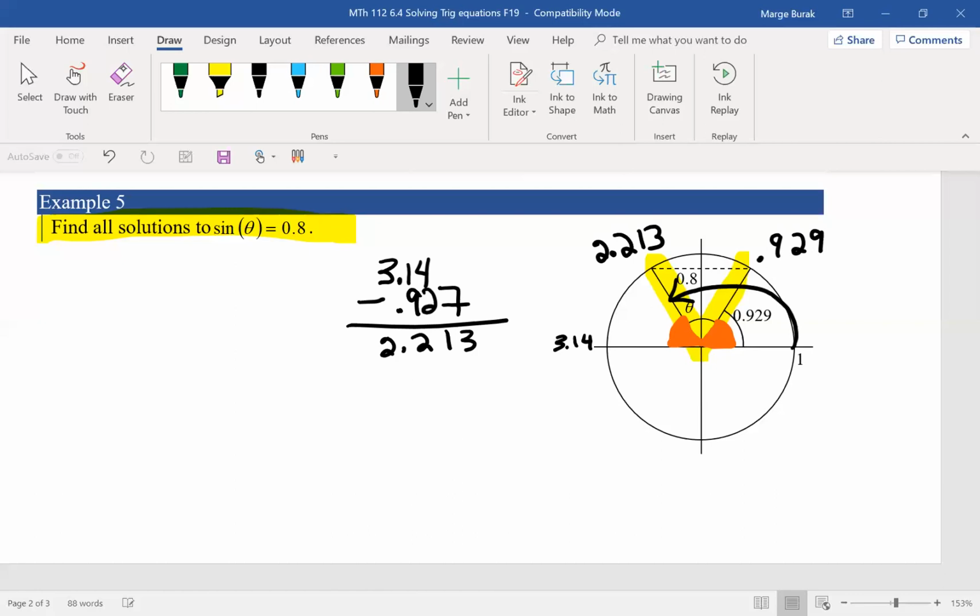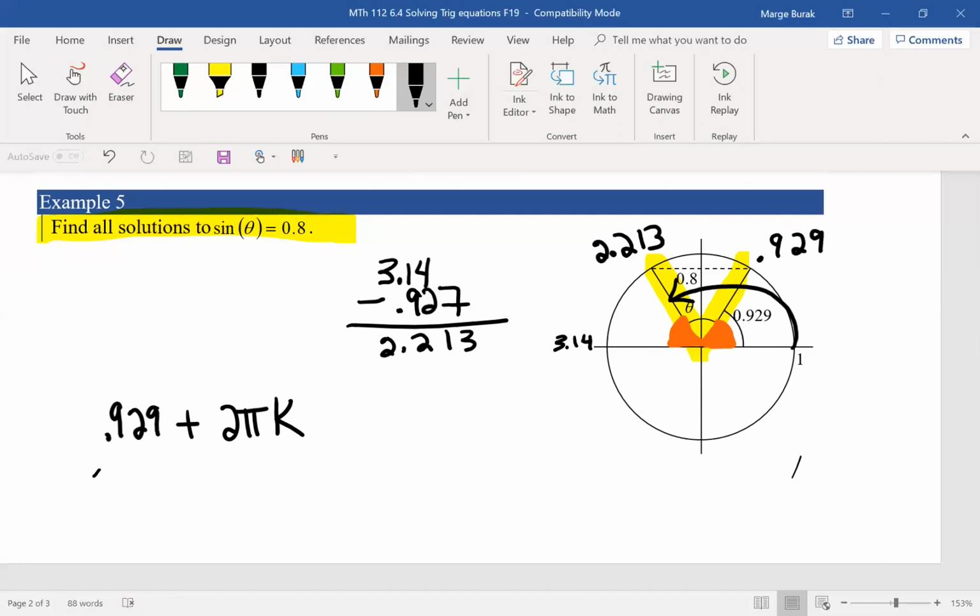But it says we want all the solutions. So now we have to do the coterminal thing, which is take our first answer, 0.927, and add 2 pi k to it, going around the circle as many times as we can. That means negative and positive angles.